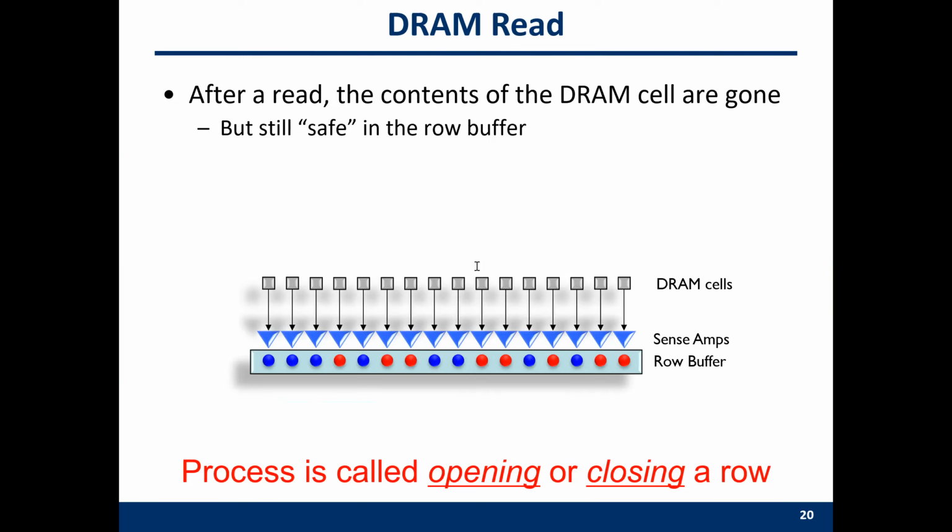In this case, the open page policy is slow, and you should adopt the closed page policy. In the closed page policy, after each read operation, you just do the write back, the restore.